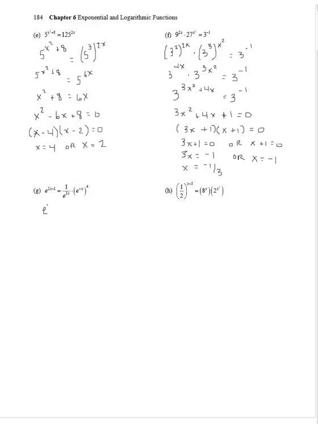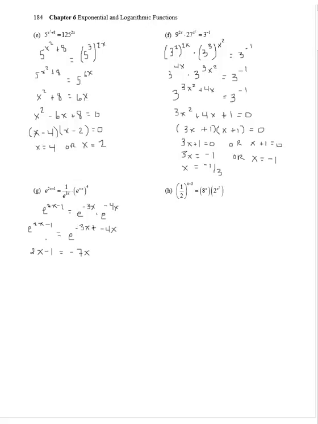So we have e^(2x-1) = e^(-3x) times e^(-4x). That's e^(2x-1) = e^(-3x + -4x). So that means 2x - 1 = -7x, since negative 3x plus negative 4x is negative 7x.